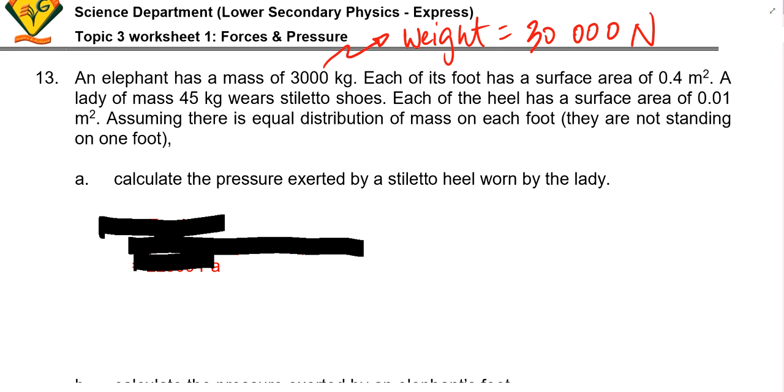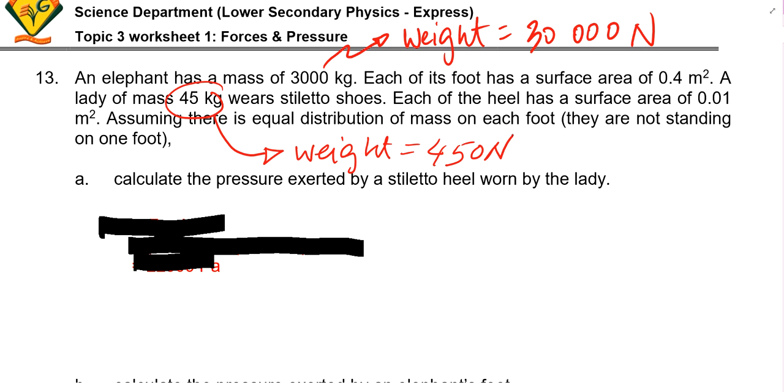A lady of mass 45 kilograms. What is her weight? 450 newtons. Okay, she wears high heel shoes. Yes, and weight is a force.